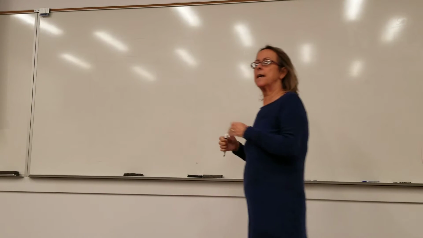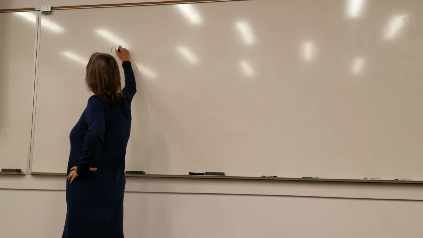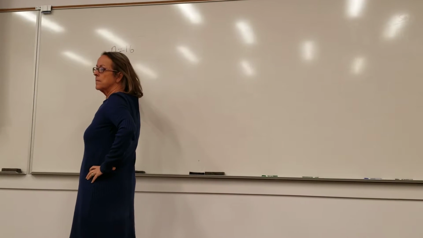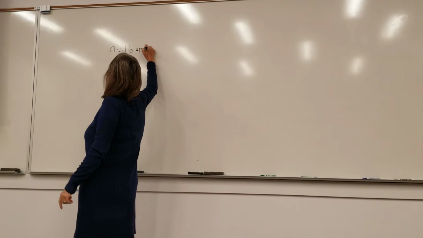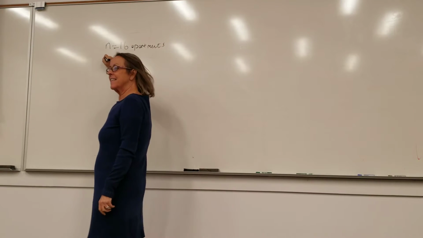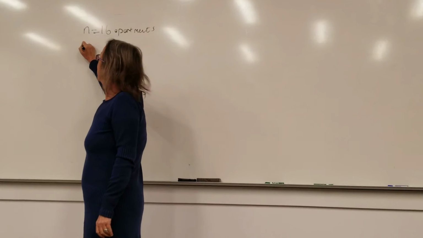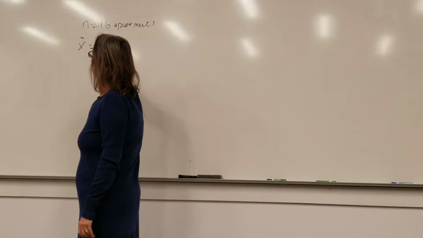Tell me what to write down. Little n is 16 apartments. X bar equals $650.